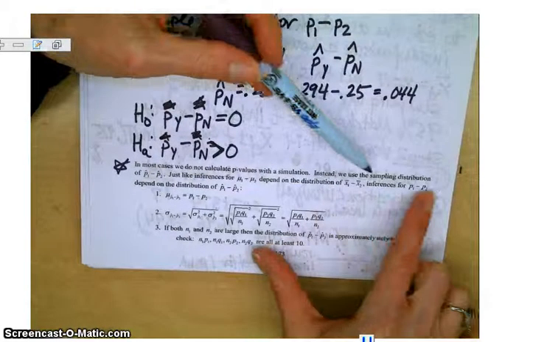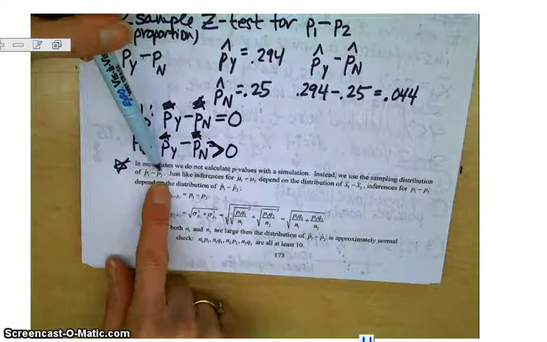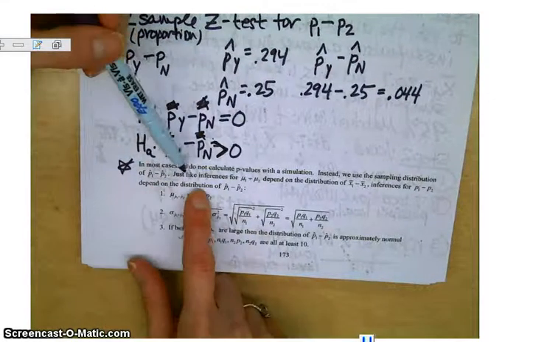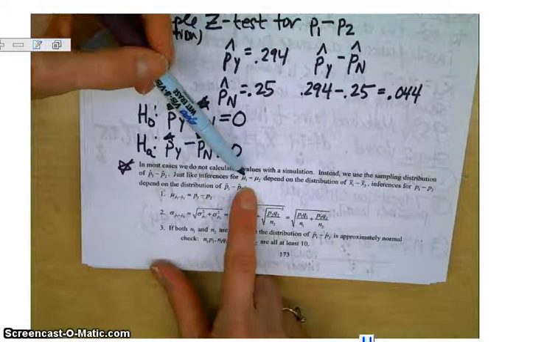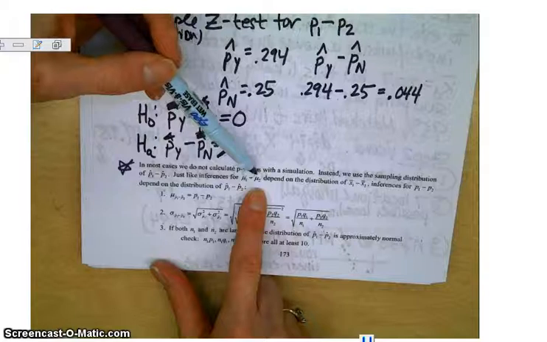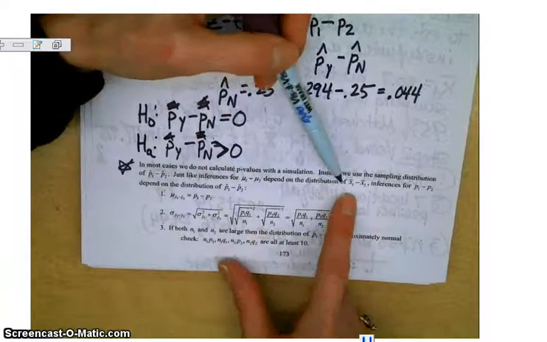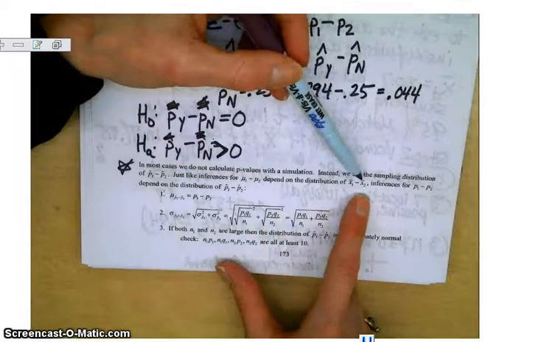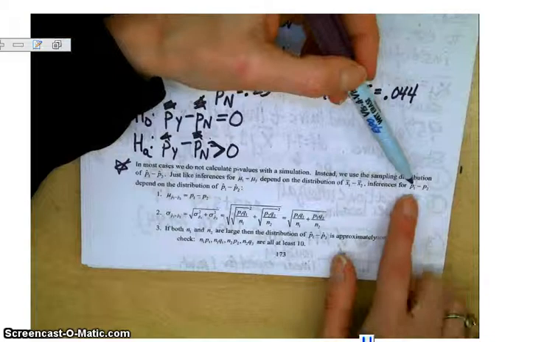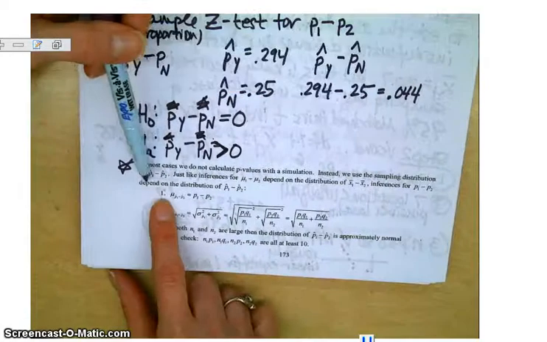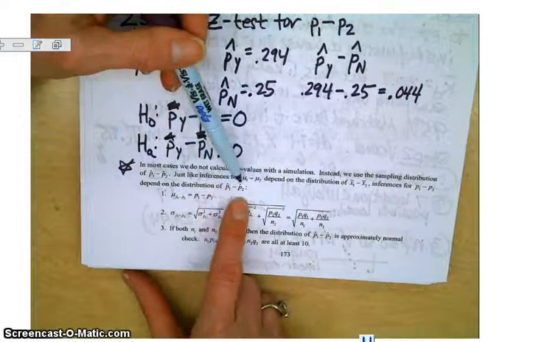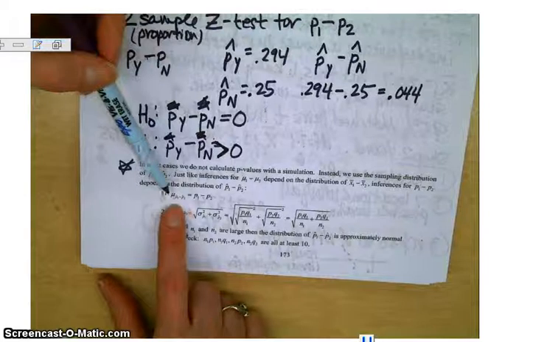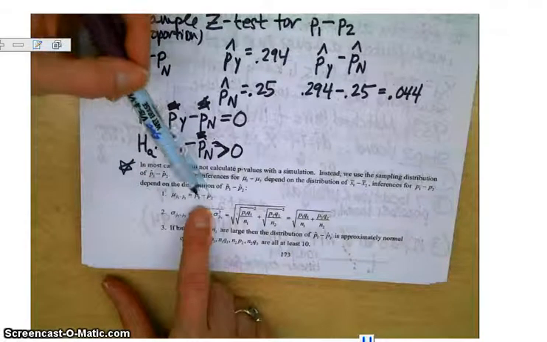Instead, we use the sampling distribution of p hat 1 minus p hat 2. Just like inferences for mu 1 minus mu 2, they depend on the distribution of the sample mean difference. So for p1 minus p2, it depends on the sample differences. So the mean of the differences is p1 minus p2.